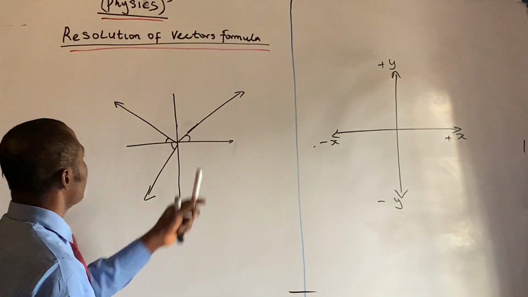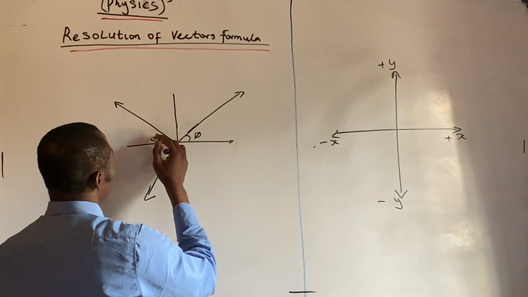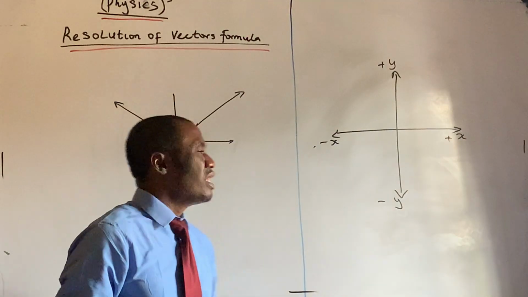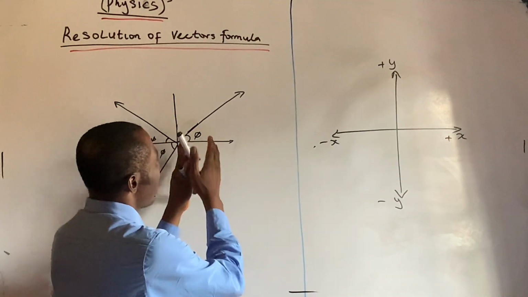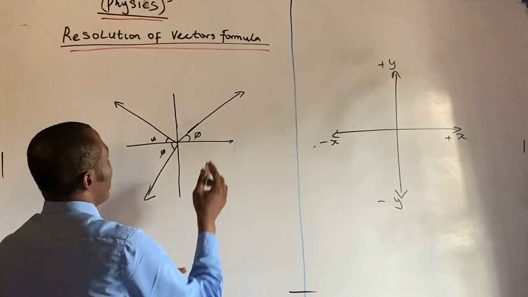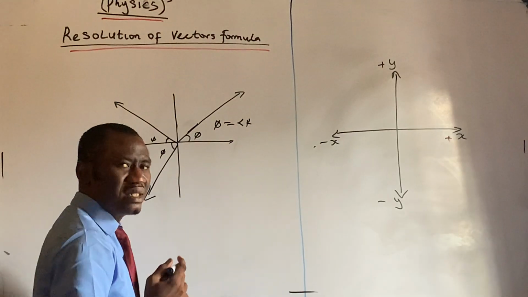Now, these vectors have an angle theta. The reference angle and the angle of inclination at the first quadrant are the same thing. So theta over here is equal to the reference angle.